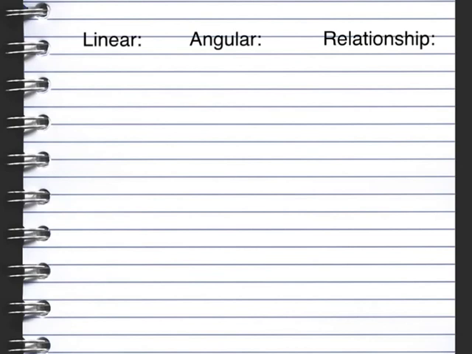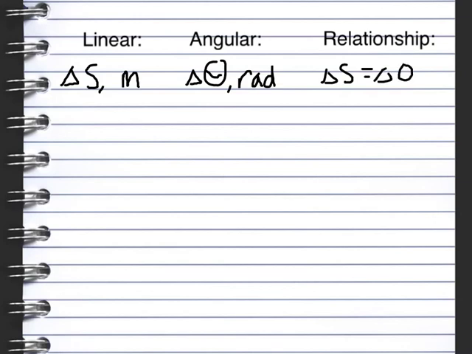I'd like to do a quick summary of the variables we've looked at. So linearly, displacement was delta s, that was arc length, and the units we described for that are meters. Angularly, we're talking about a delta theta, a change of angle, and we want to measure that in radians because that's the only way we can get this pretty neat relationship that the arc length is equal to the angular displacement times the radius.